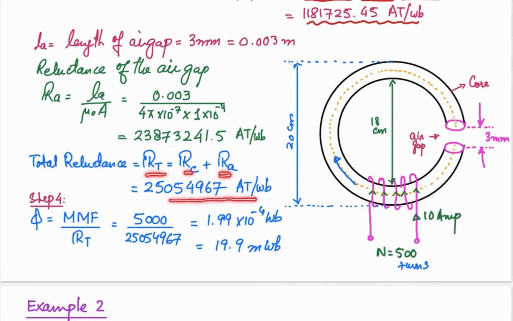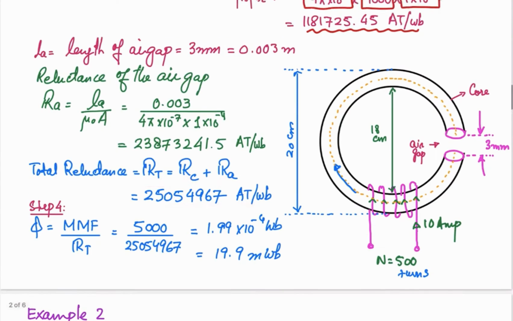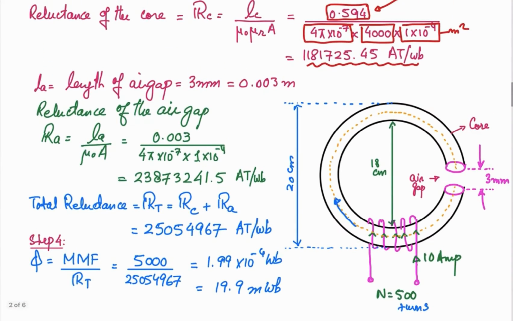Then applying the magnetic Ohm's law, that is, flux is equal to MMF over the total reluctance. You know about this MMF, right? You know about the total reluctance of this path, RT, that is equal to core plus air reluctance.